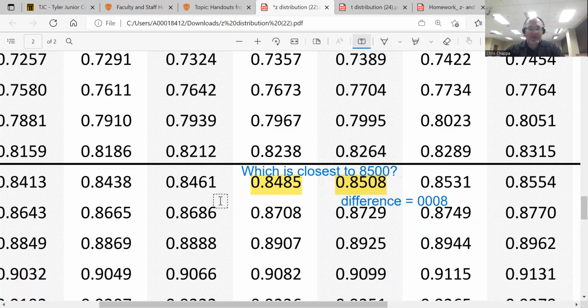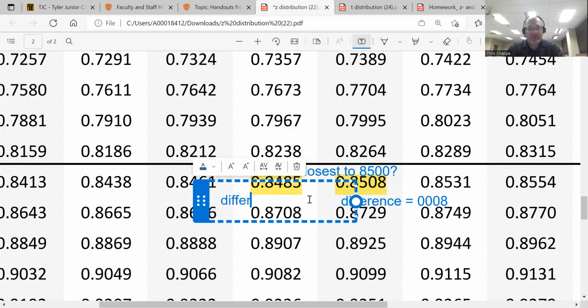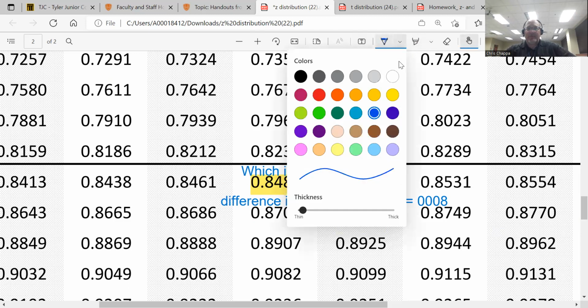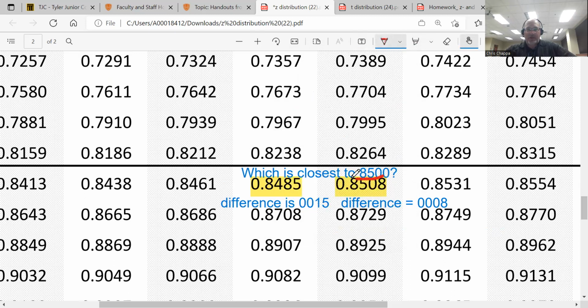And if I do the same thing on the other side, the difference is 0.0015. The decimals are there, but it really doesn't matter because we can just ignore the decimals in all of them. But the one that's closest to the area that I'm looking for is this one. It has the smaller difference. And so I'm going to use that z-score.